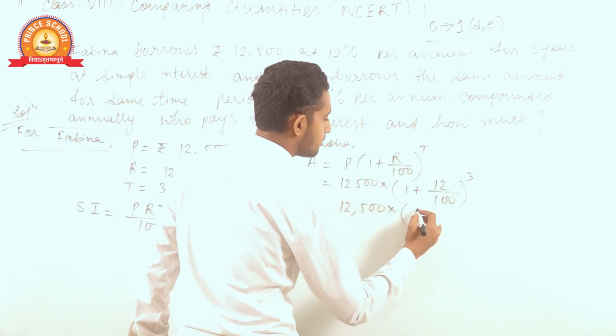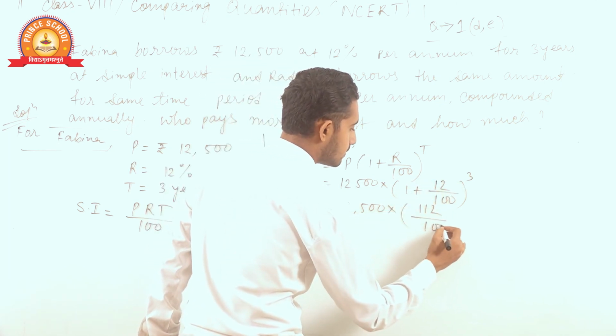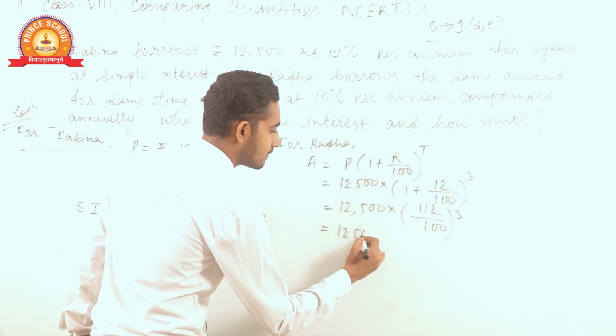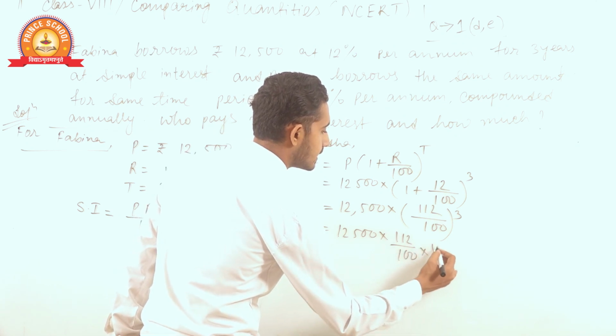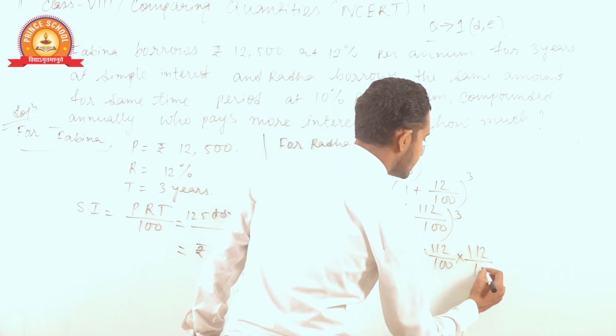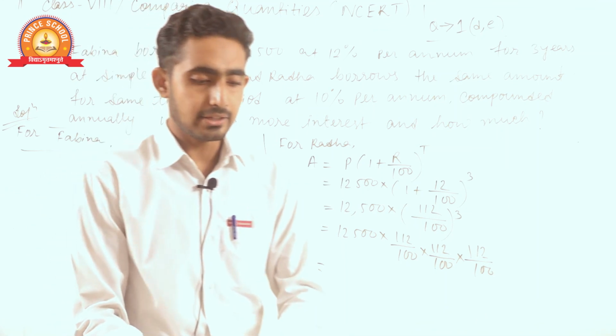Now 12,500 multiply 112 upon 100, that is 1 plus 12, so 112 upon 100 raised to the power 3. Now 12,500 multiply 112 upon 100, again 112 upon 100, again 112 upon 100. Now if you solve, then your answer will come.